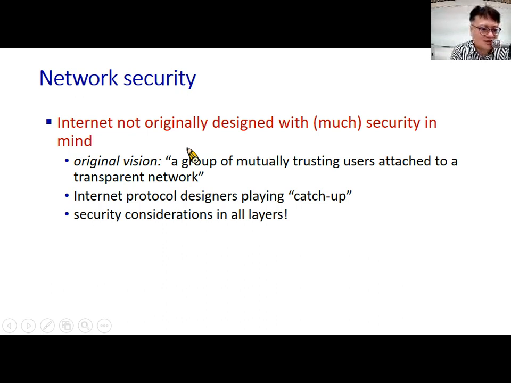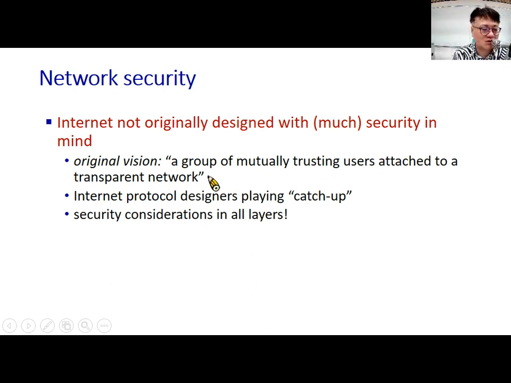And on another topic, we are all very focused on network security. The internet was not originally designed with much security in mind, because it's an open system. The original version was a group of mutually trusting users attached to a transparent network.